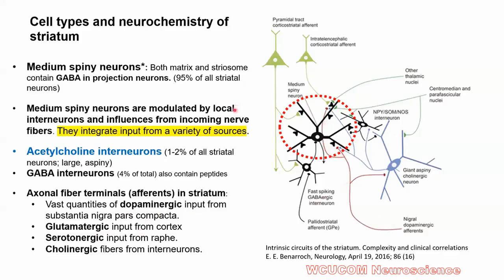Of course, glutamatergic input is coming from cortex. Serotonergic input from raphe nuclei. That is not depicted here, but we imagine serotonergic input coming in. And the previously mentioned cholinergic fibers from interneurons.